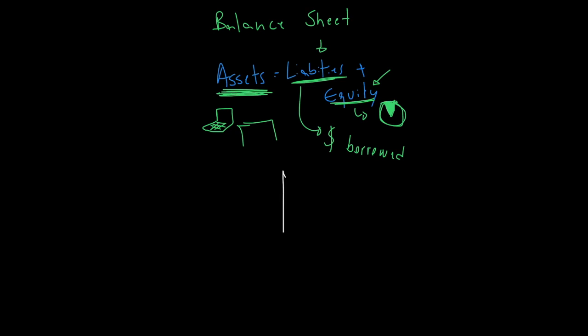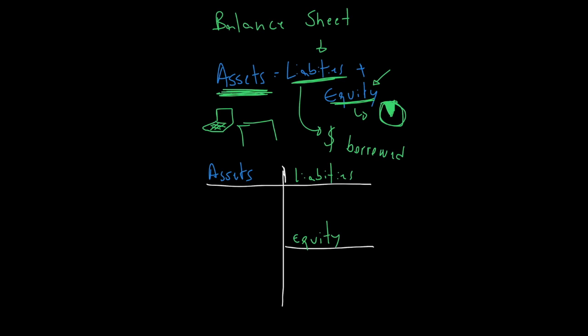So this is normally the balance sheet T. Right here we have two sides of this little table. Here we have assets, and on this side we have liabilities and equity. And because this is still an equation, remember, it has to be equal.